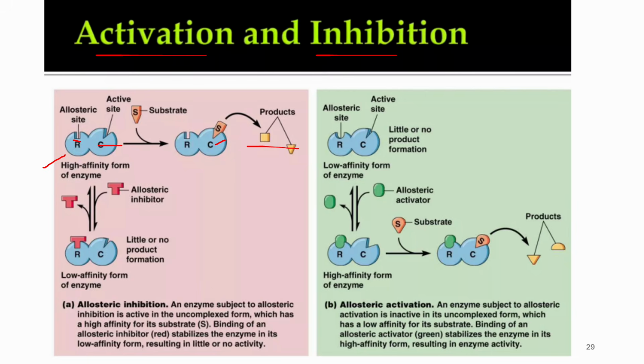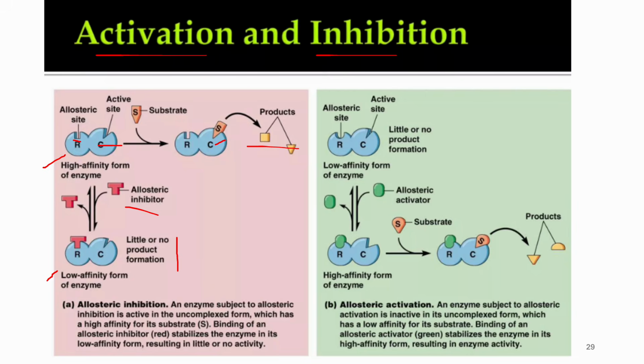Then this high affinity form of the enzyme can be blocked by allosteric inhibition, or maybe other inhibition may occur like competitive, non-competitive, irreversible, or feedback inhibition. This can occur, and then what will happen? There will be little or no product formation, which we call the low affinity form of an enzyme. Here no product, or very limited product, will be formed.